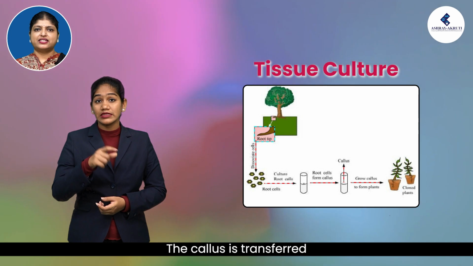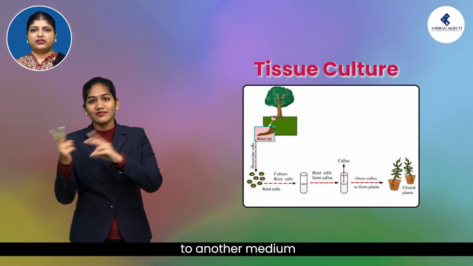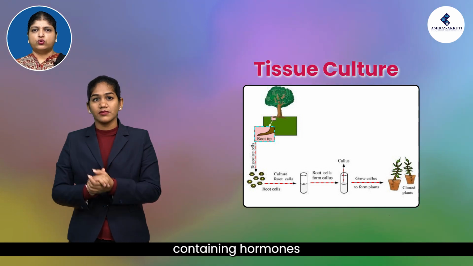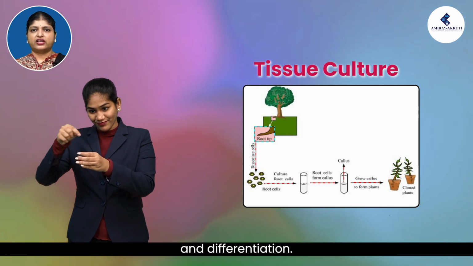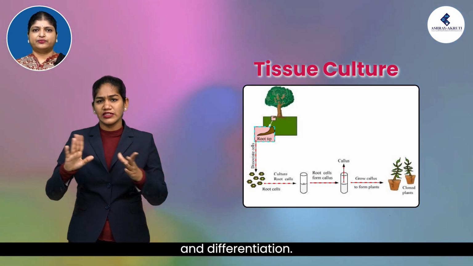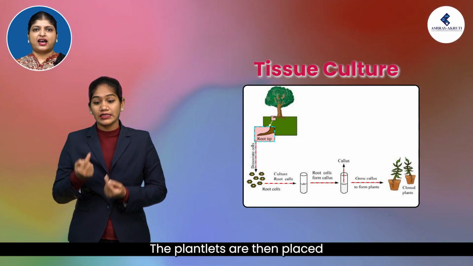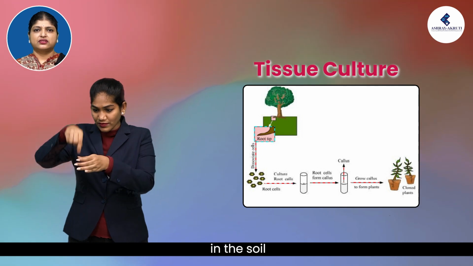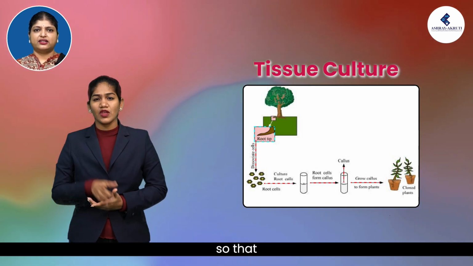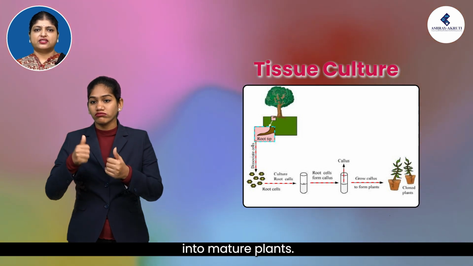The callus is transferred to another medium containing hormones for growth and differentiation. The plantlets are then placed in the soil so that they can grow into mature plants.